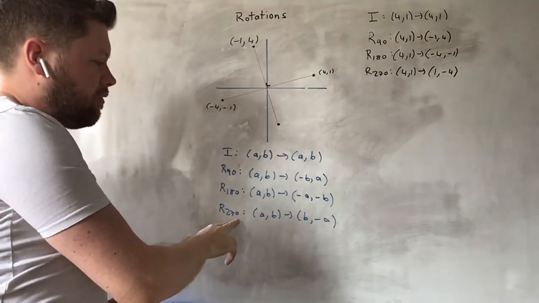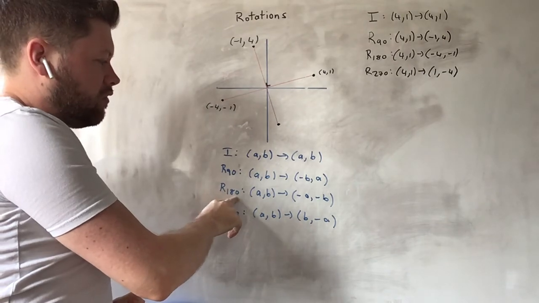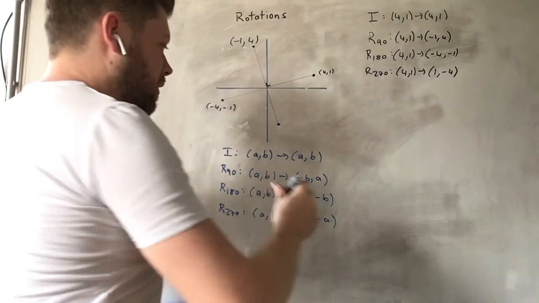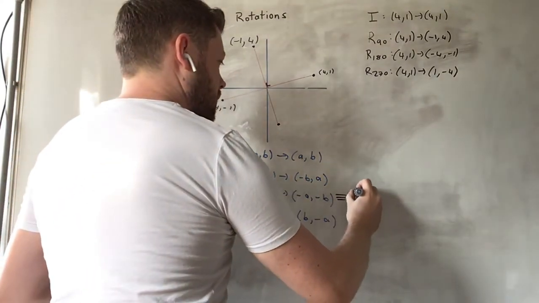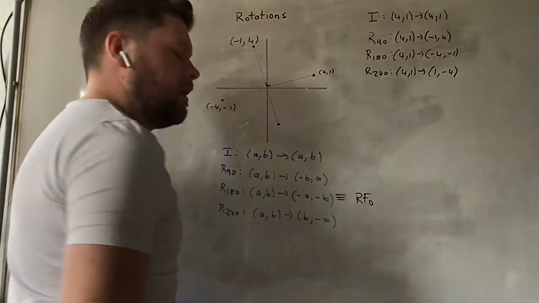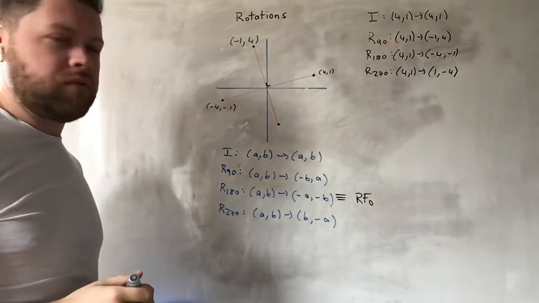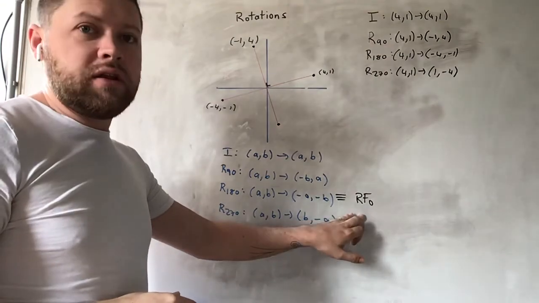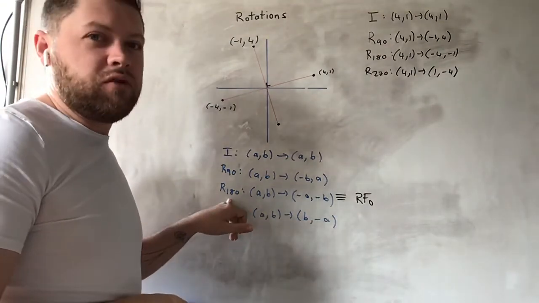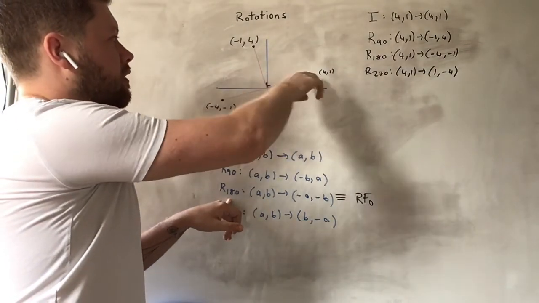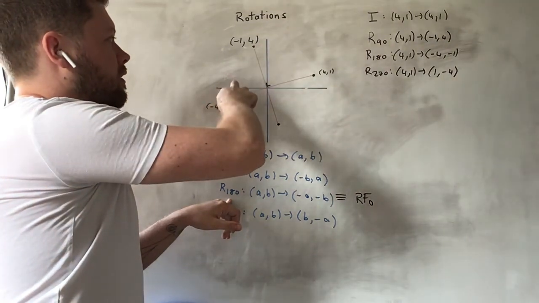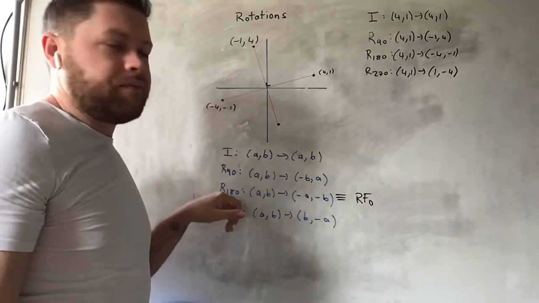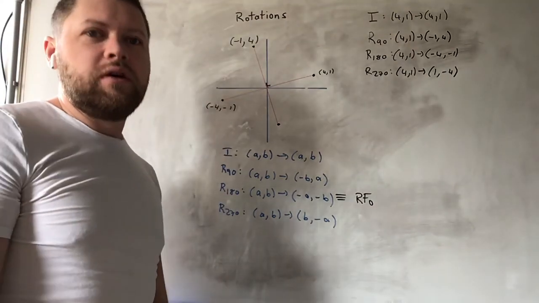This same transformation of rotation 180 brings A, B to minus A, minus B. That's equivalent to a reflection in the origin. So a reflection in the origin is the same as a rotation of 180 degrees. You can rotate twice around here, or you can reflect through the origin. So there are some interesting cases to be aware of.